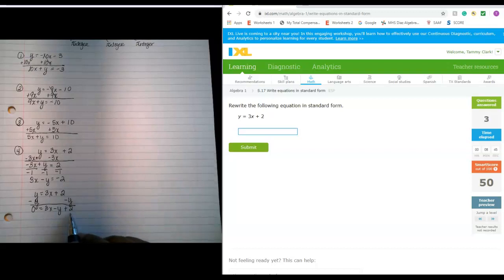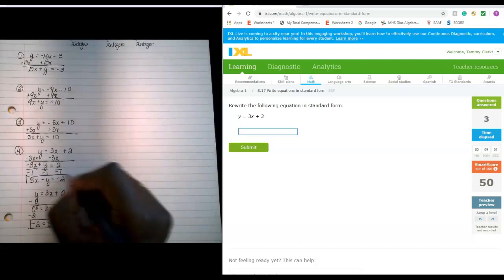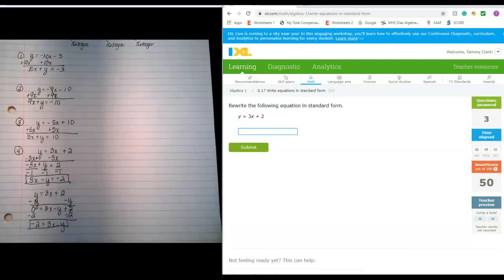Knowing that I don't want the constant on the same side as the x term and y term, subtract 2 from both sides of the equal sign. I've got negative 2 is equal to 3x minus y. So either way, the answer comes out the same. It's just depending on how many steps you want to take.